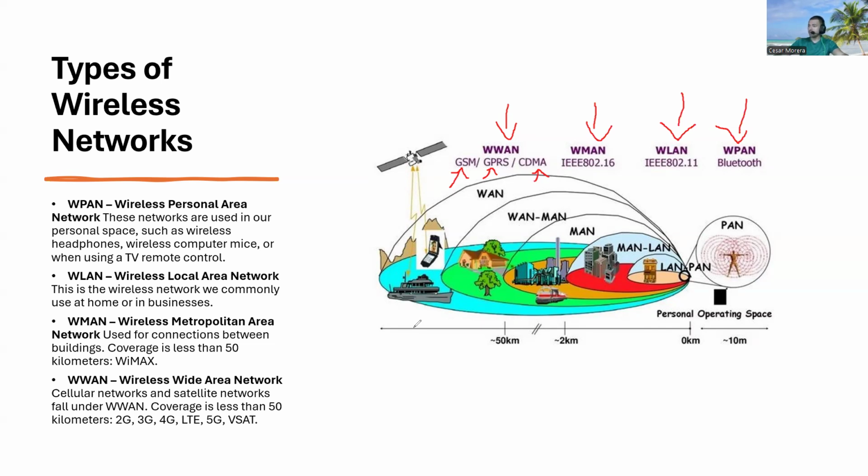It is actually for smartphones. So let's go ahead and read the new definitions that we have over here. Let me just look for the highlighter for a moment. Let's select green color for now. What do we have? We have WPAN, Wireless Personal Area Network. These networks are used in our personal space, such as wireless headphones, wireless computer mice, or when using a TV remote control.